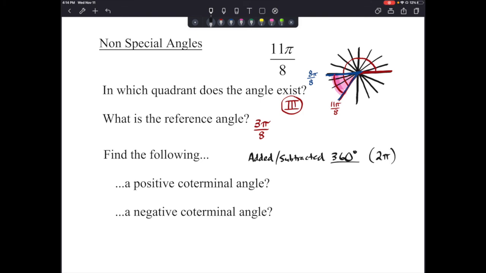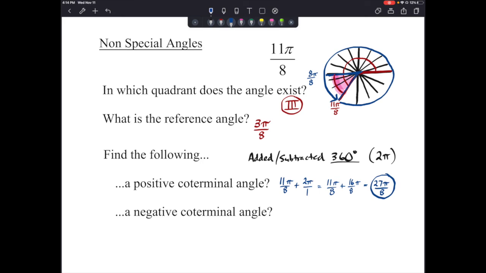So if I start at my 11 pi over 8 and I add 2 pi, I'm going to go all the way around the circle and I'll end up right back in the same spot. So that's pretty easy to do, right? 11 pi over 8. If I add 2 pi, we got to get the same denominator. So we know that's the same thing as 11 pi over 8 plus 16/8. And when we add those together, we should get 27 pi over 8. That is a positive coterminal angle.